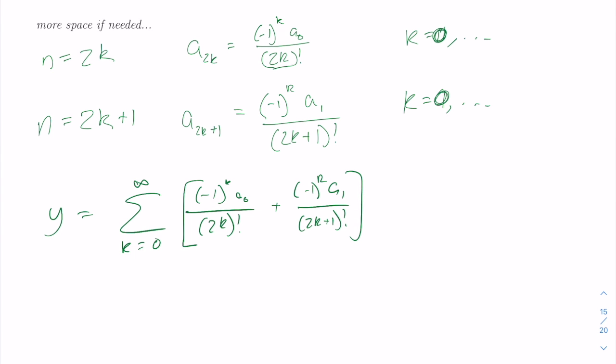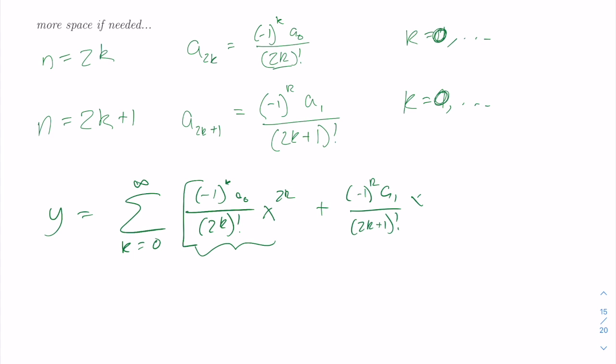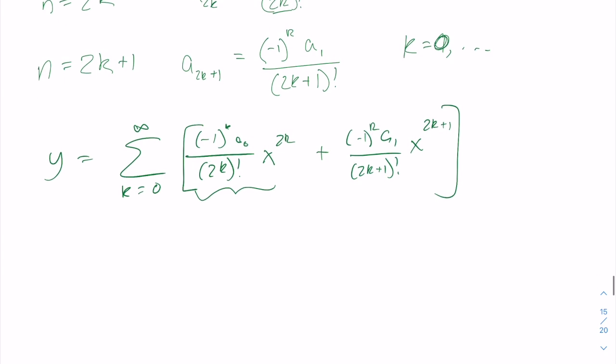Oh, I have to put these with the x's, right? These have x to the 2k because these will be all of the even ones, and these will be all of the odd ones, 2k plus 1. So even and odd k's.